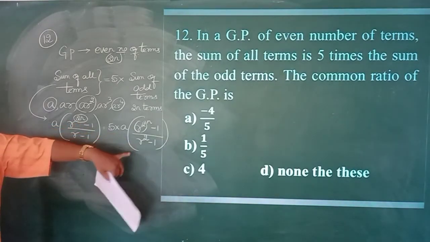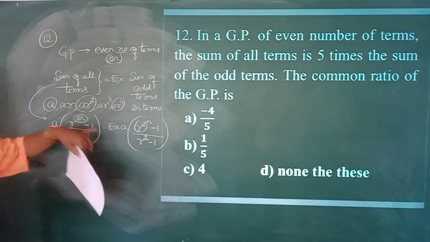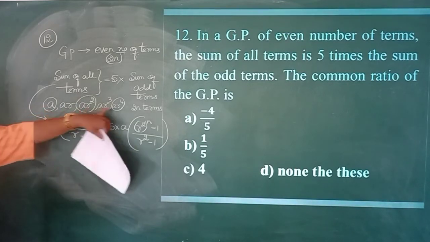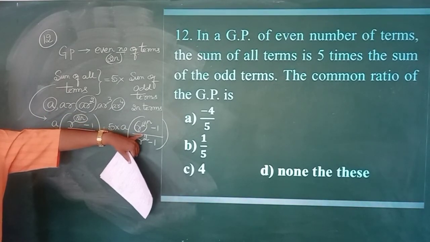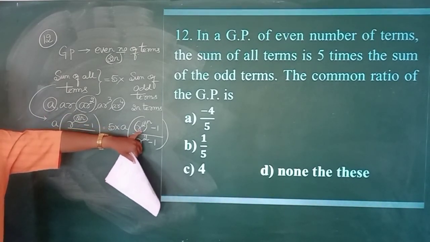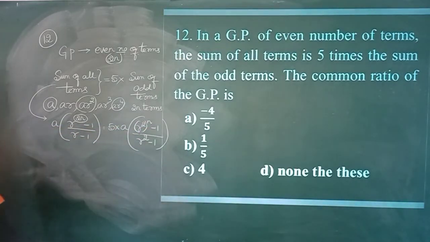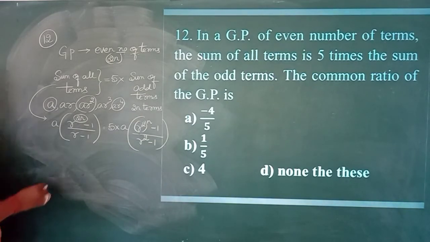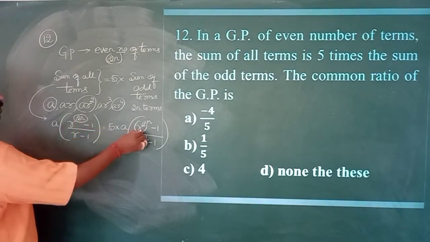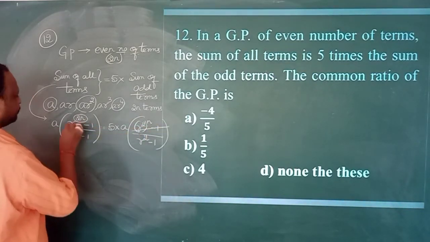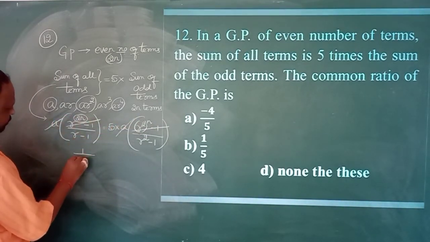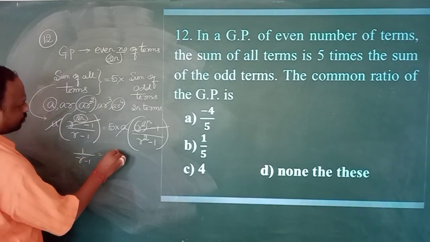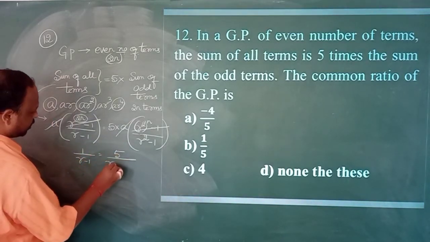Here the sum of odd terms is nothing but first, third, fifth, seventh, like that. The common ratio is r square. Therefore, r square whole power n minus 1 divided by r square minus 1. So this will be r power 2n minus 1, and r power 2n minus 1 cancels, a and a cancel.